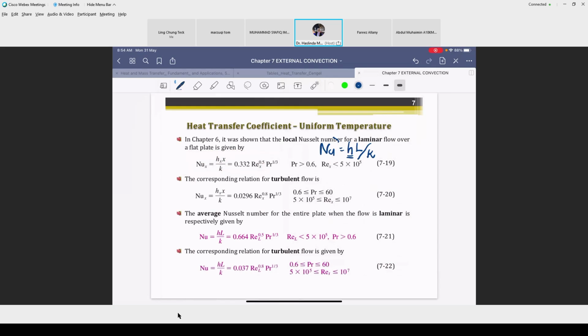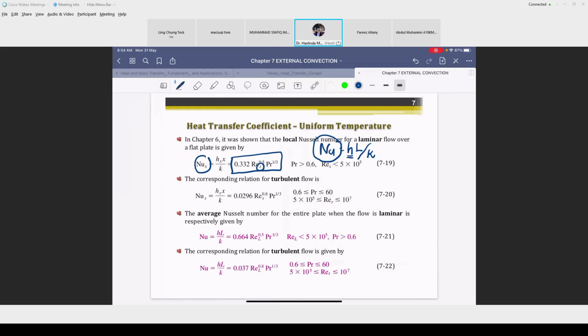Okay, and this Nusselt number, if you see here, is also equal to this relation, 0.332 times Reynolds number, ada certain conditions lah. This will be used at certain, meaning that the local, we want to know the local h values.